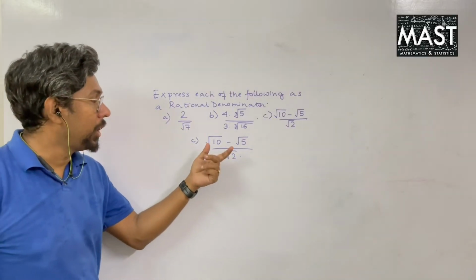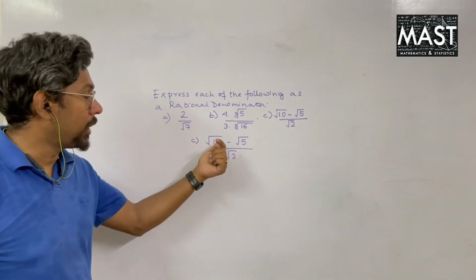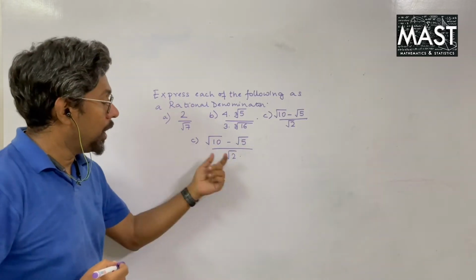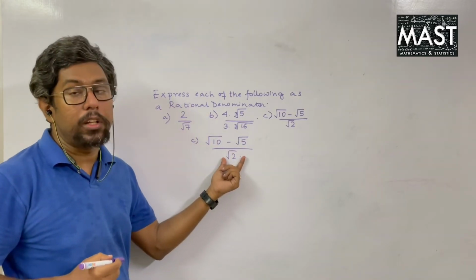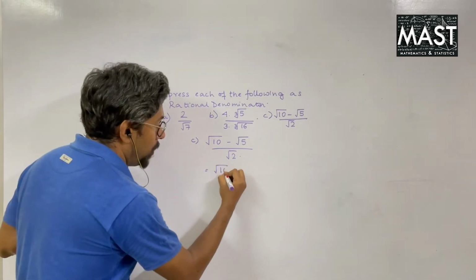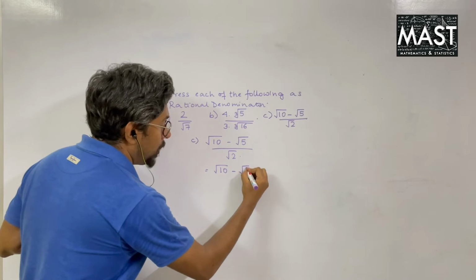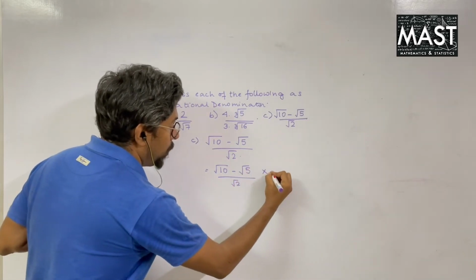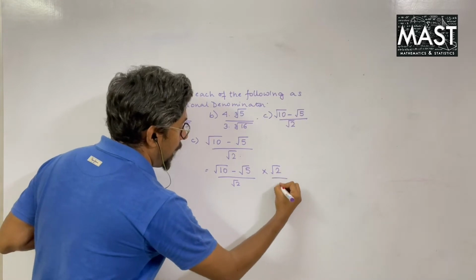Now moving on to the third subpart. Root over 10 minus root over 5 by root over 2. Here also, if you look at the denominator, it's a monomial surd. So my first step would be root over 10 minus root over 5 by root over 2 into root over 2 by root over 2.